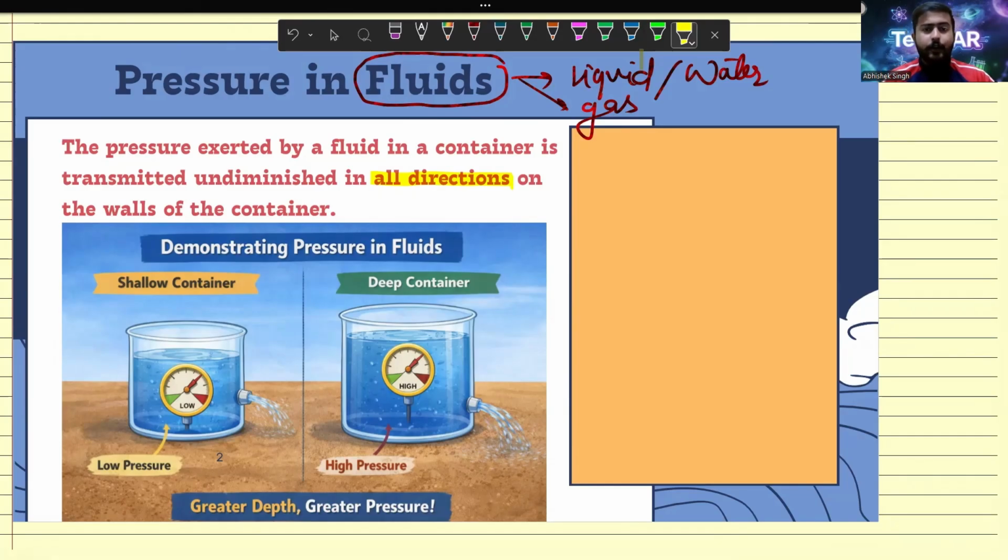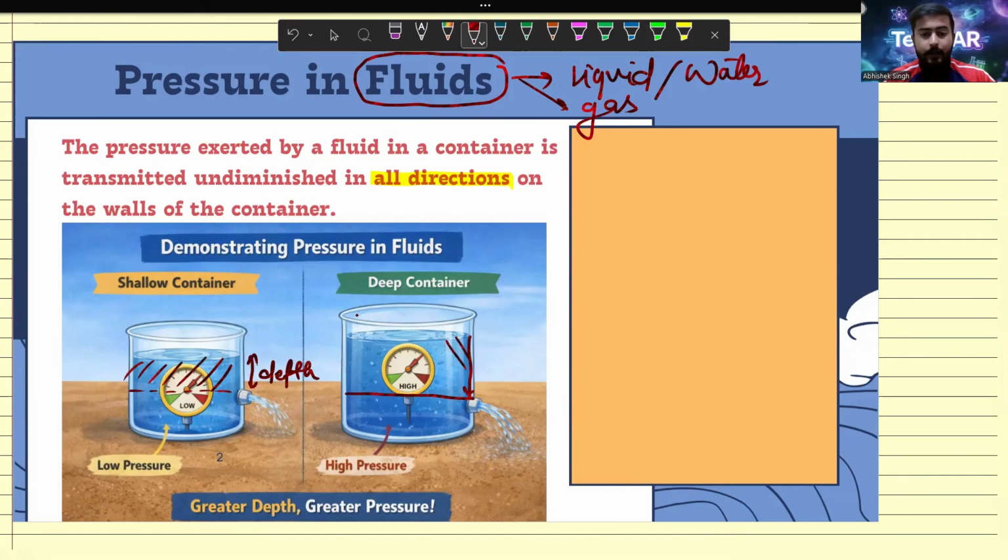So if I talk about this liquid, suppose this is water in this container, in both the containers, you can see what is the depth in first case. Here you can see this is the depth in case one. And after this, look at the figure two.